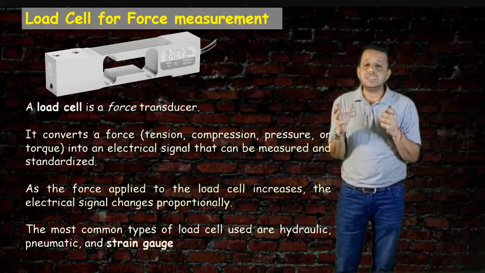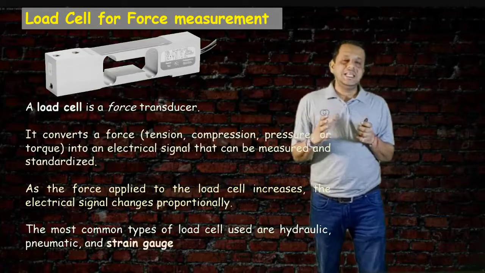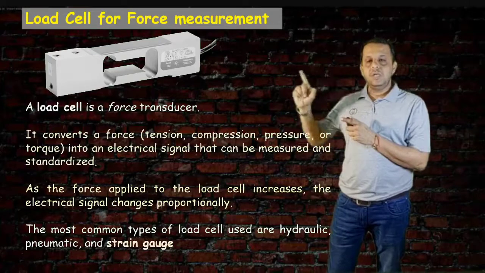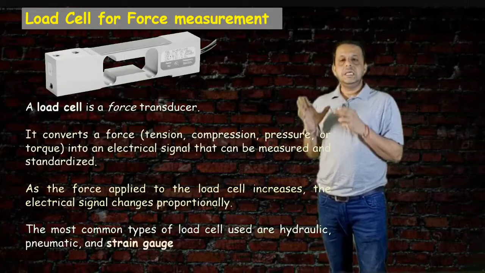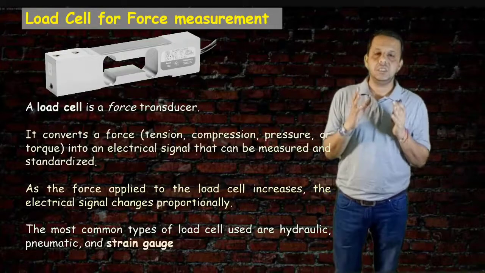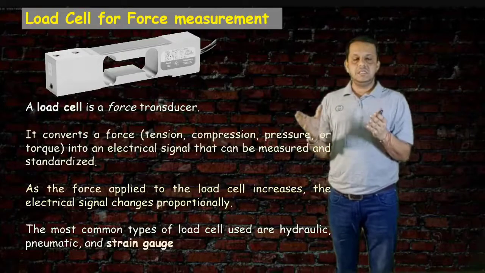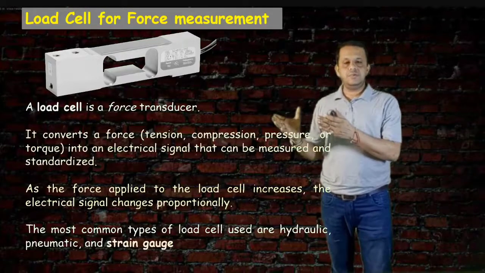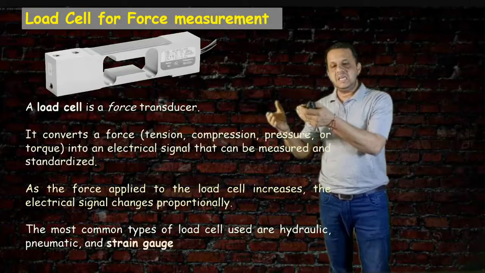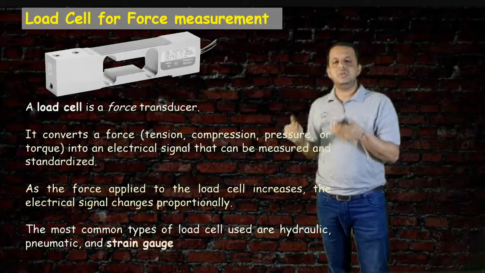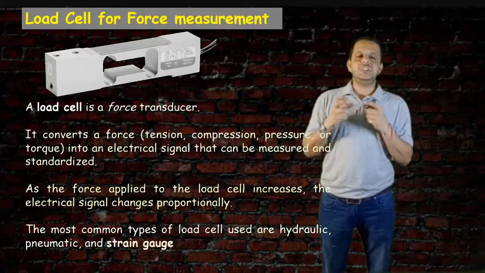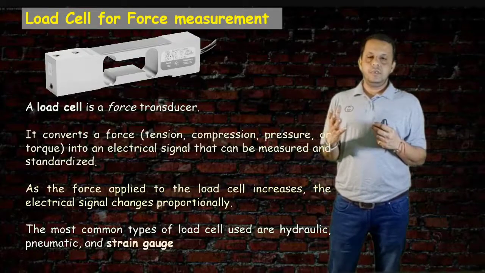So what is a load cell? Before we go ahead, please recall the working of the strain gauge. Here, when I say load cell, it means we will be talking about the strain gauge load cell. One type we recall is the metal foil type of strain gauge, where the strain gauge is applied on the part, and as the dimensions of the material change, the resistance will change.